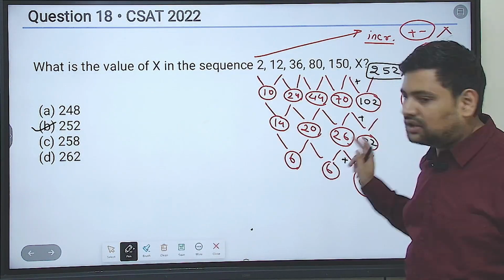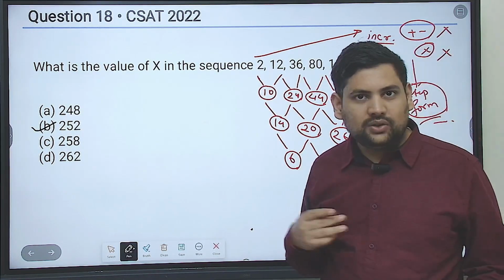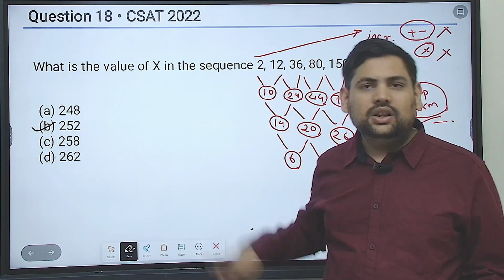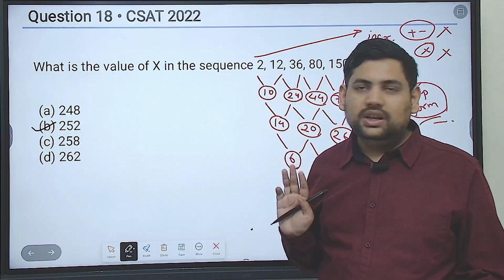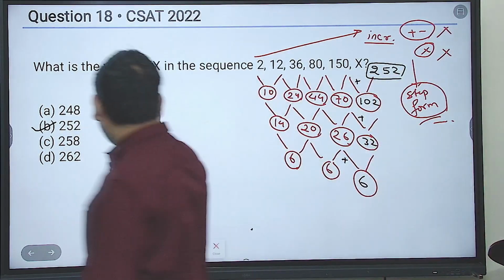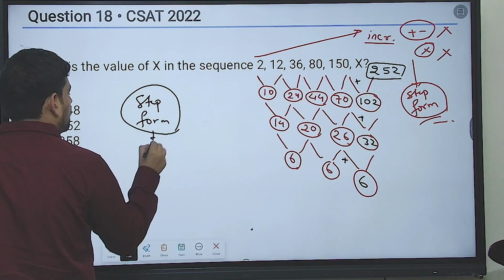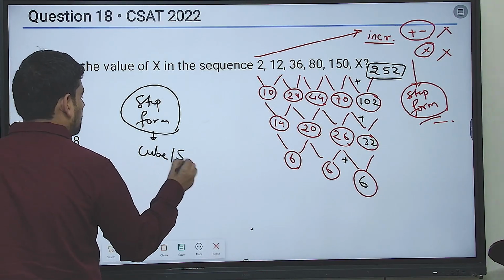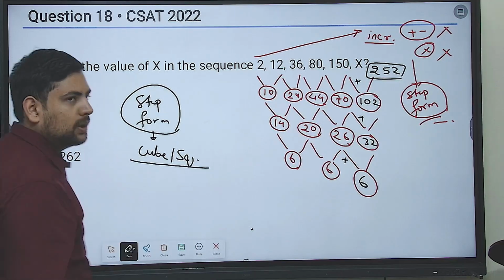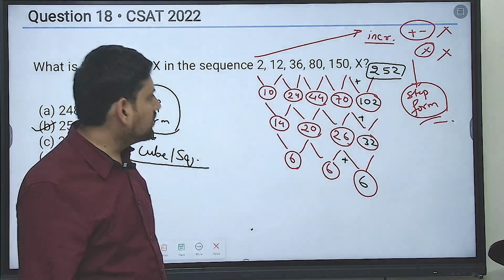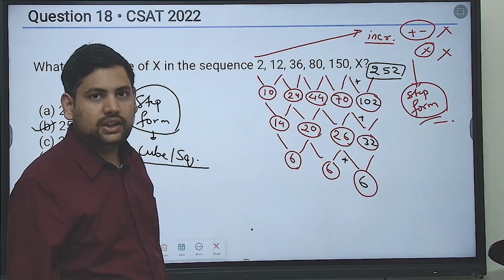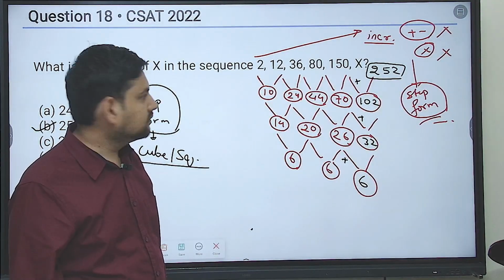When you observe that the series is increasing, decreasing, whatever, and it is not working out, then you think in terms of step form. Step form actually works very well for series that involve some kind of cubes or squares.